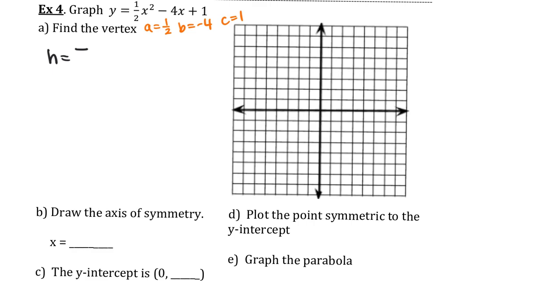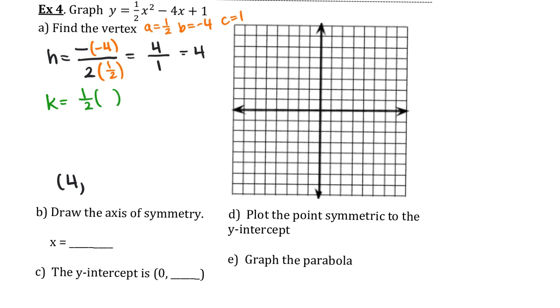Since b is negative 4, you could change it straight to a positive 4 over 2a. And there's a fraction, but we're not going to freak out about that yet. A negative 4 switches to positive 4. If I do 2 times half, that's the same as saying, what's half of 2? Half of 2 is 1. So 4, comma. Okay, let's get the y value.